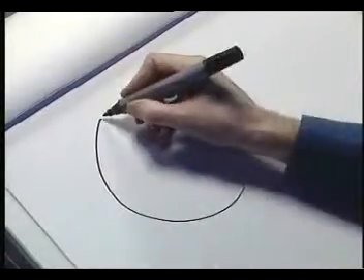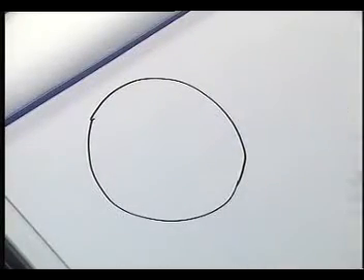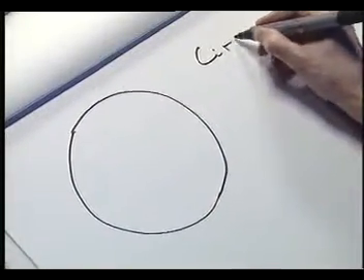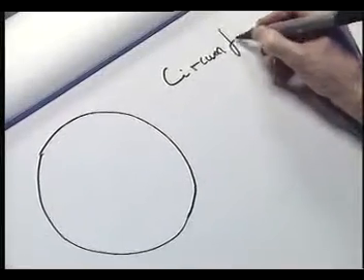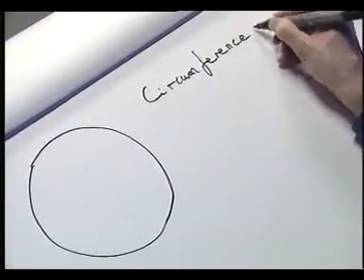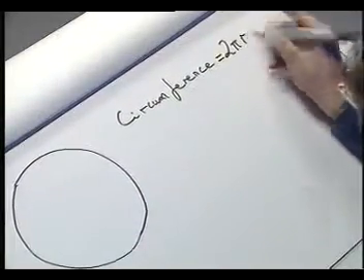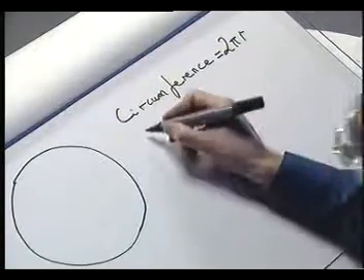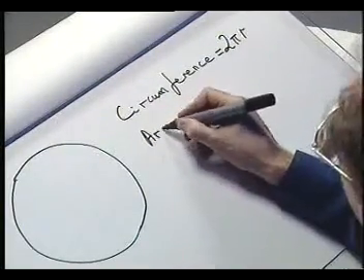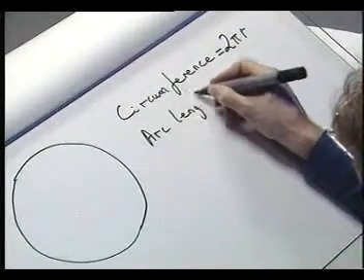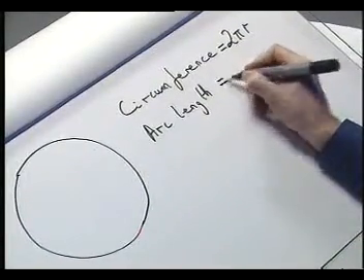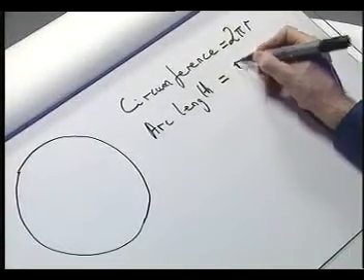So, can we get an equivalence between our radian measure and our degrees? Well, let's have a look at a circle again. The circumference of this circle we know by the formula 2 pi r. Now, let's compare that with our formula for arc length, which we know is r theta.